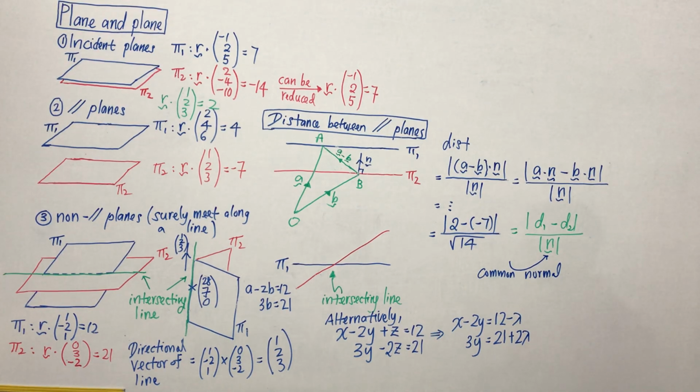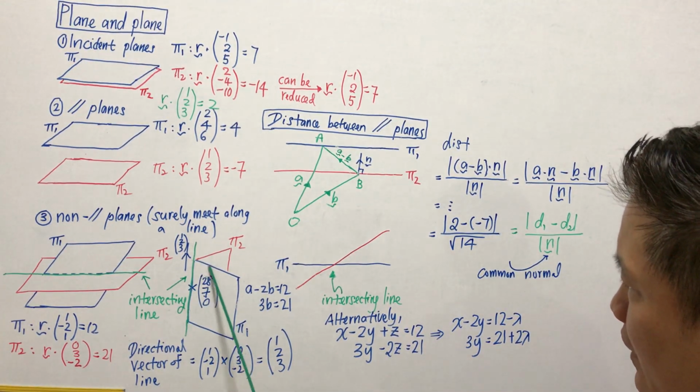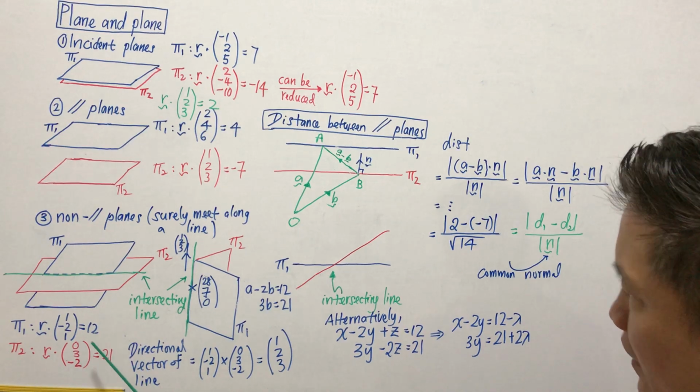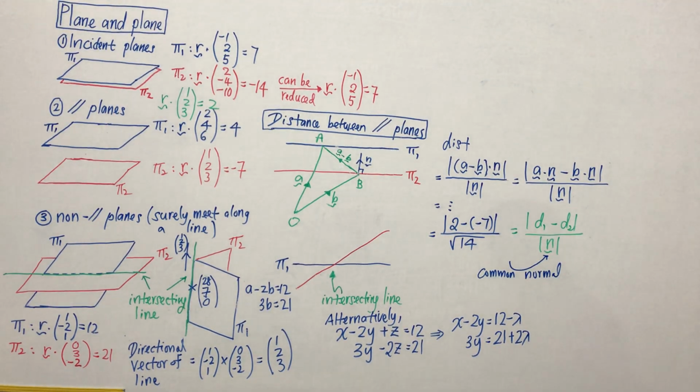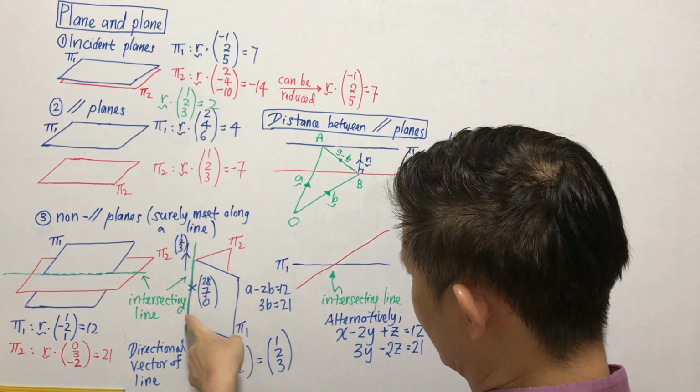But for most of us, we will probably take this approach of giving the last entry 0 and finding the other two numbers so that together they satisfy both planes. As a word of caution, it could be that such a point does not lie on a green line like this one.